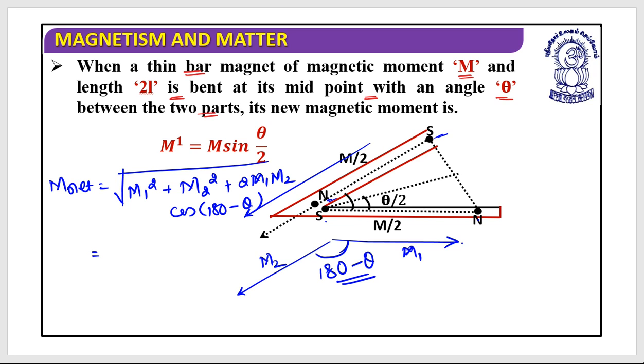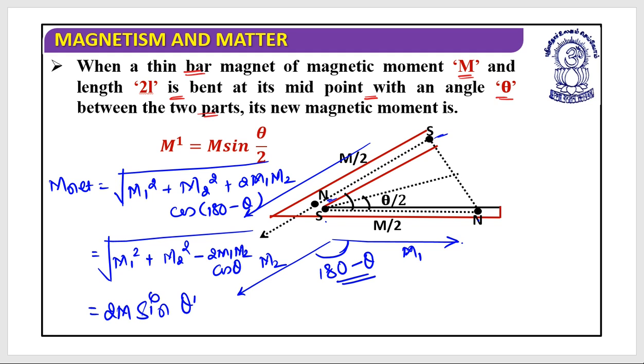And this cos of 180 minus theta could be written as m1 square plus m2 square minus 2 m1 m2 cos theta. As it is minus, it has been written as 2m sin theta by 2. I hope this is clear.